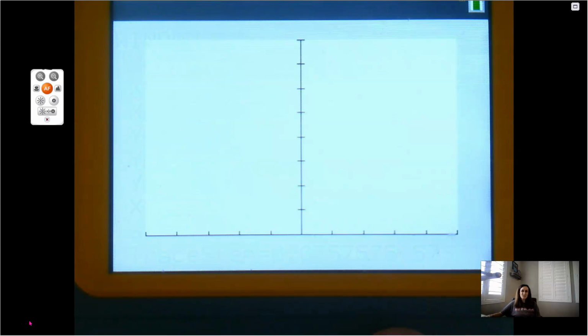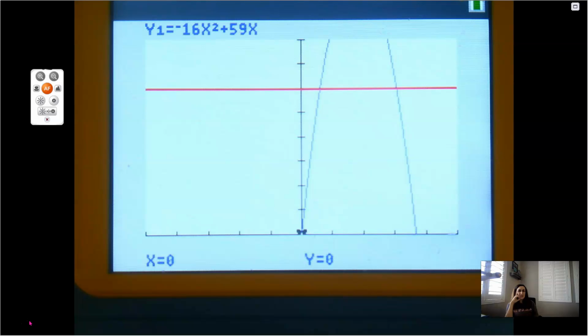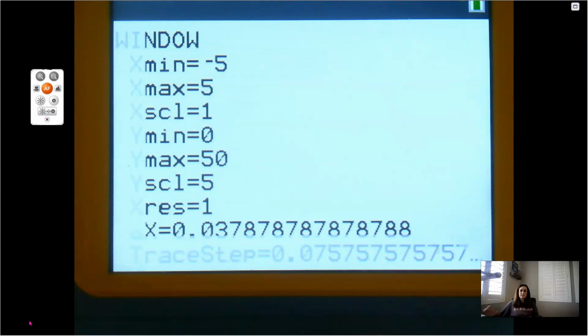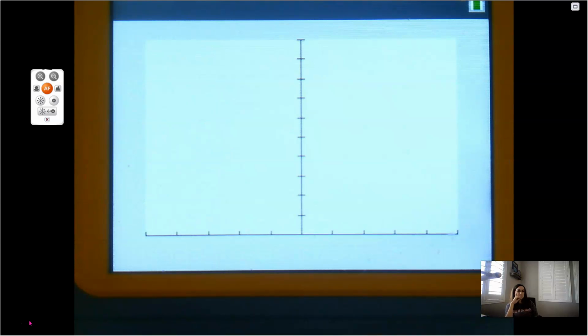Then we can just hit trace and see what that window looks like. So there's my graph, and I don't like that I can't see the top of the parabola, so I might come back to Window and change this to 50 feet and see what happens. It still didn't quite make it.